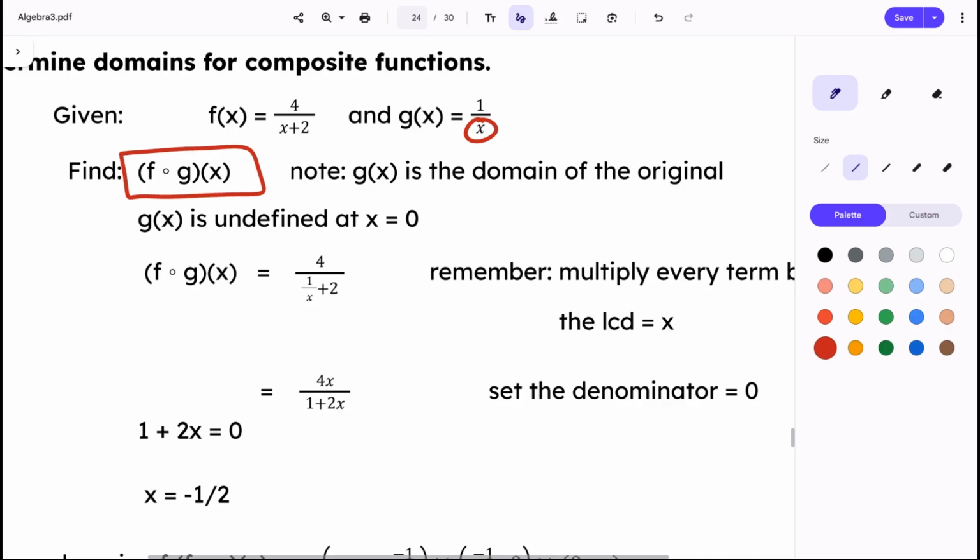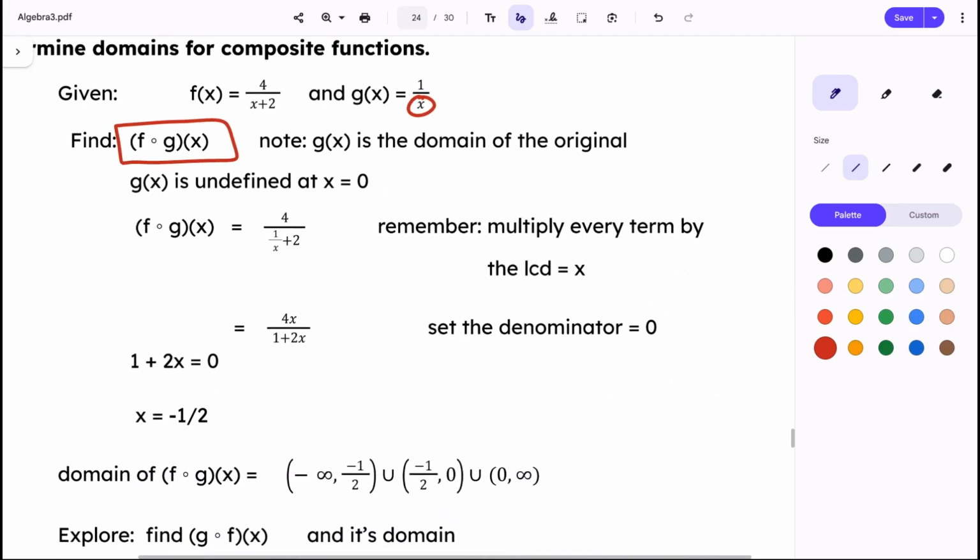Okay, but then they go on to actually show you how they would do the composition. So they put 4 all over, in for the x that was on the bottom of f's function. That's where they replace it with g. So that's where this 1 over x came from. And then plus 2. Because there's a fraction, this is a complex fraction. You have a fraction inside of a fraction.